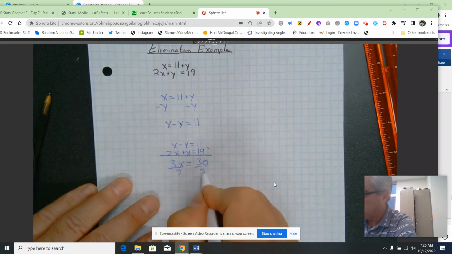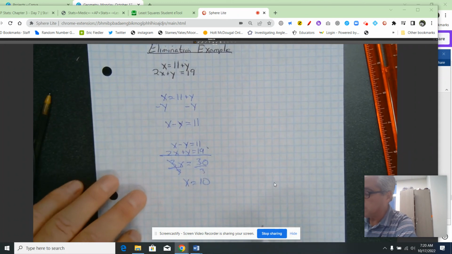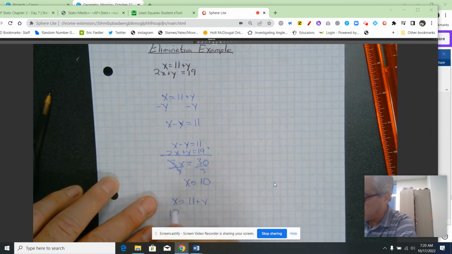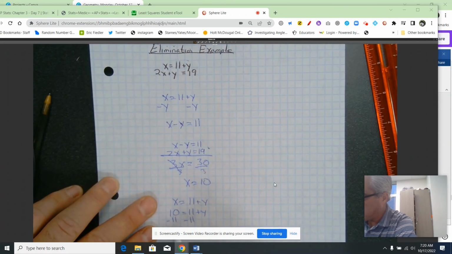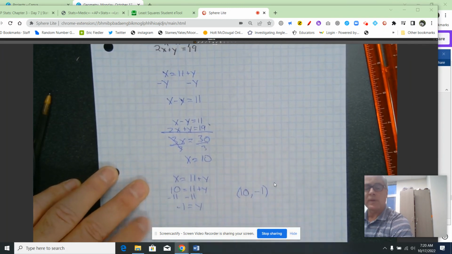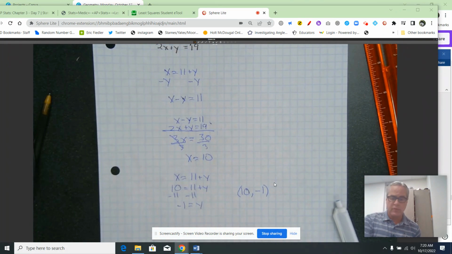Divide by 3. I get x is equal to 10. Back substitute again. x equals 11 plus y. In for x, I'm going to put 10. Minus 11, minus 11. Negative 1 equals y. So I get the solution of 10, negative 1, which is the same thing I got for the other two solutions. Thanks for listening.